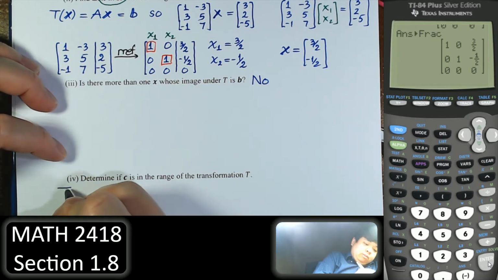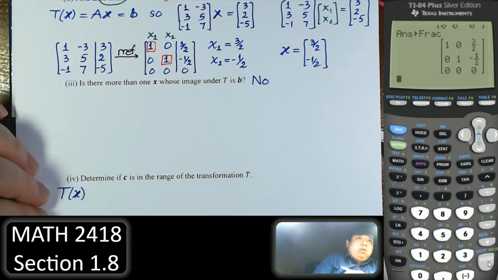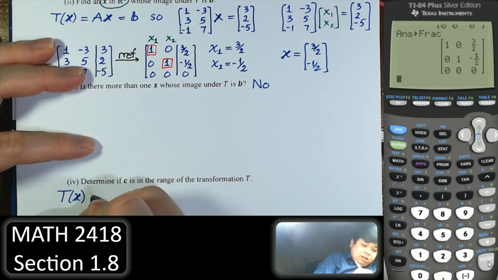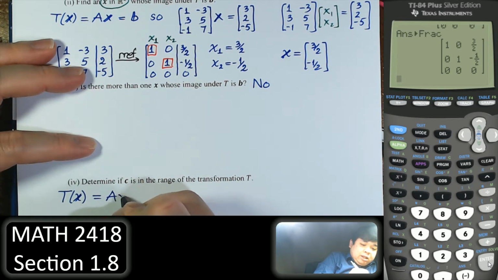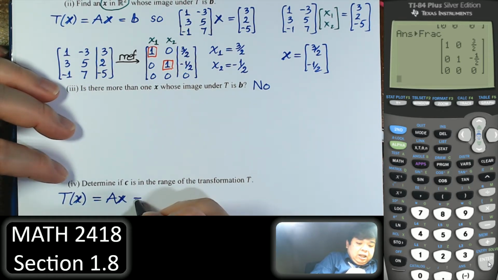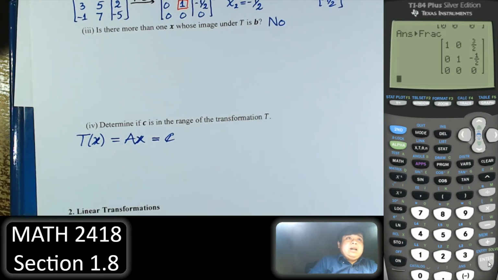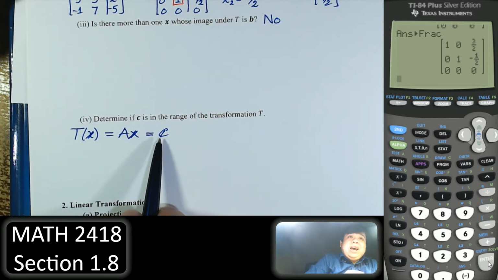Again, we said if we find a transformation T of x equal to A times x, and if c is in the range, meaning that this one has a solution.